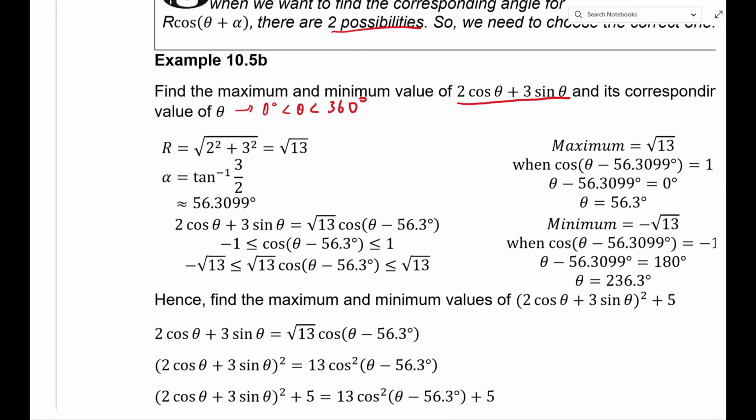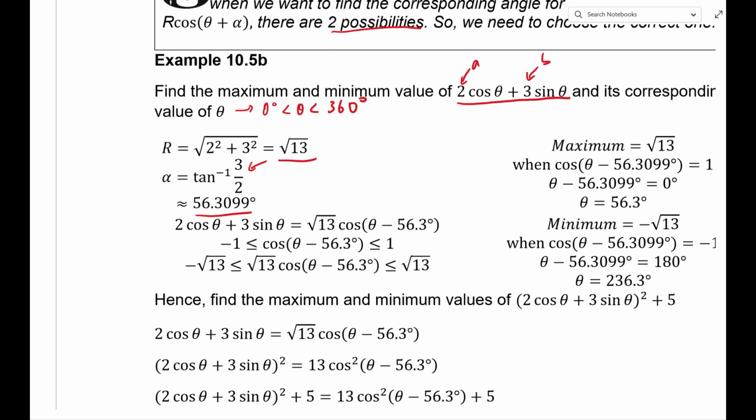So using our r formula, we can identify this as a and identify this as b. To find our r value, we'll use the square root of a squared plus b squared formula, and we'll get square root 13. And to find our basic angle, we'll use tangent inverse b over a, so 3 over 2, and get our basic angle 56.3.